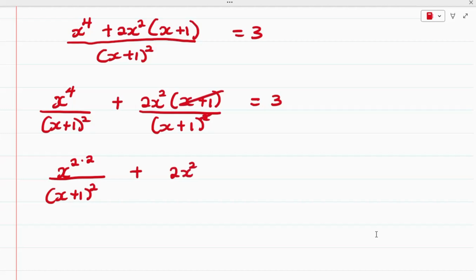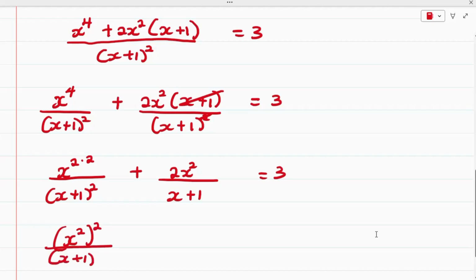This is going to cancel out this, so we have x plus 1, and this is equal to 3. So x⁴ can be expressed as (x²)² divided by (x+1)² plus 2 multiplied by. Now we can easily separate this to be x² divided by (x+1), and this is equal to 3.